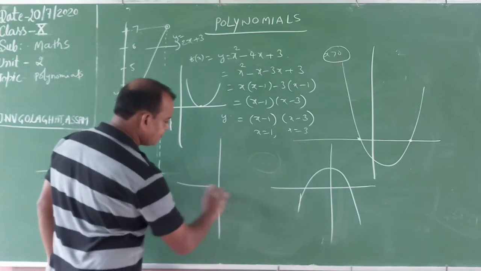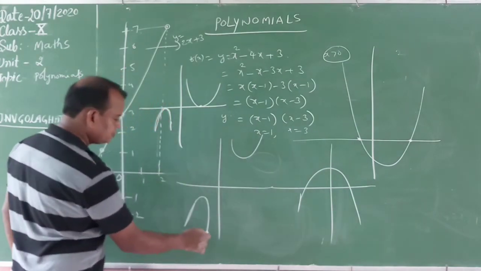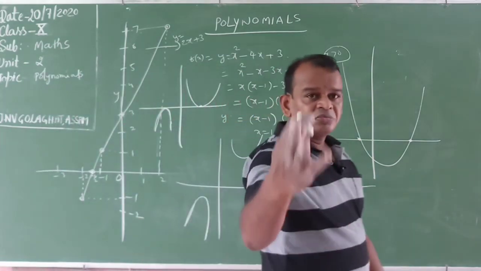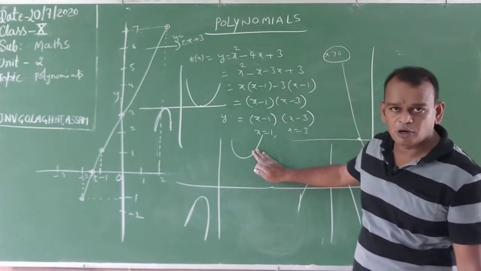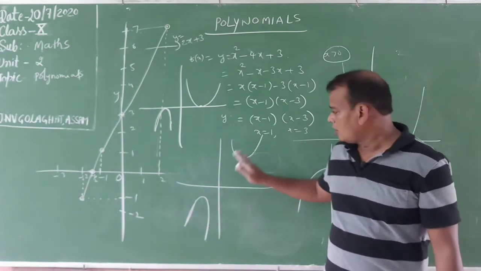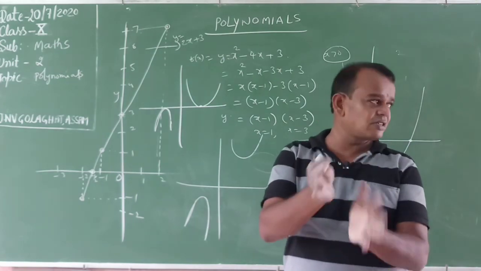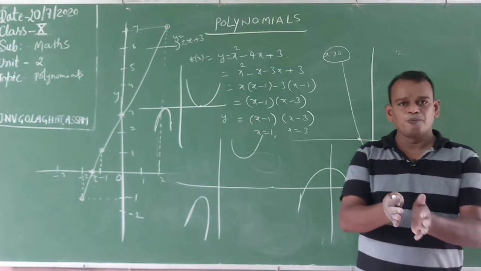Next, for suppose it is given in this way, or in this way. What is the symbol of this one? 100% a quadratic polynomial. Above side or below side depends on the coefficient of x square. If the coefficient of x square is positive, above side. If negative, below side.